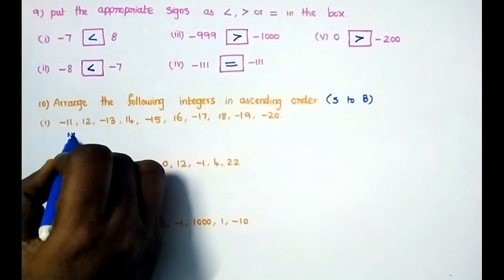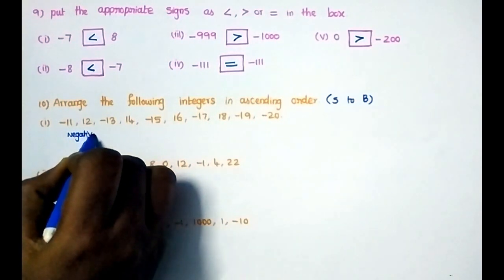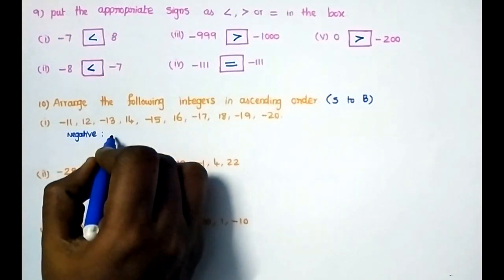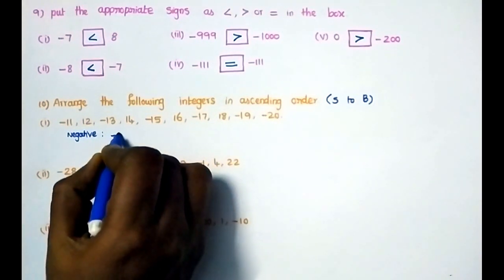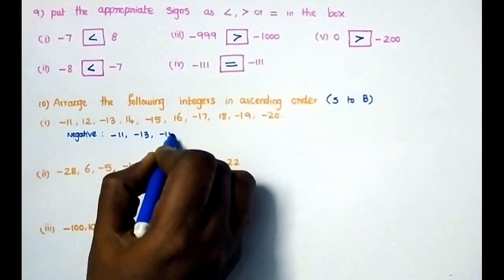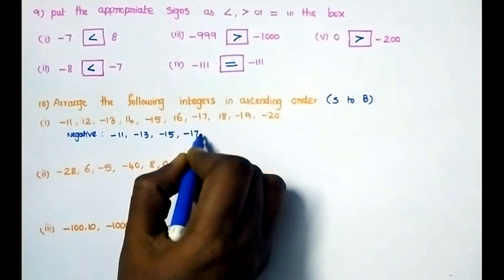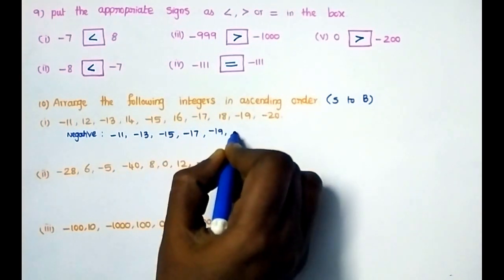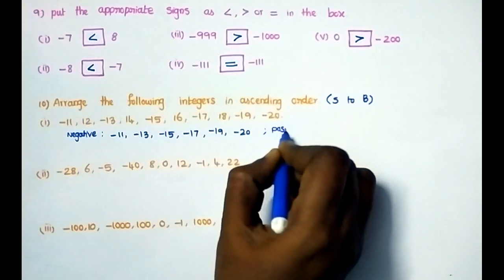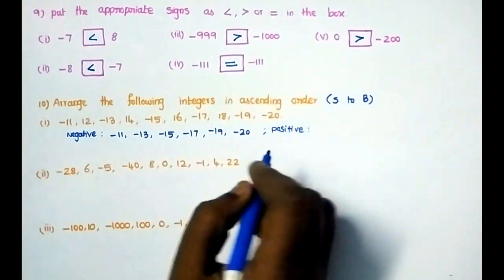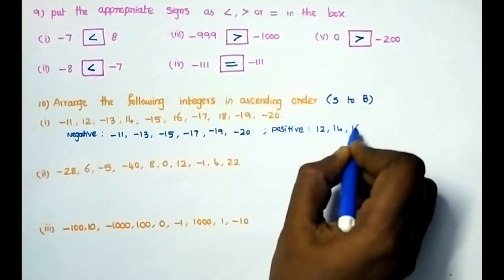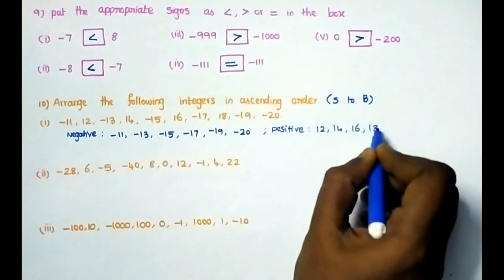So negative integers: minus 11, minus 13, minus 15, minus 17, minus 19, minus 20, and then positive integers: 12, 14, 16, 18.